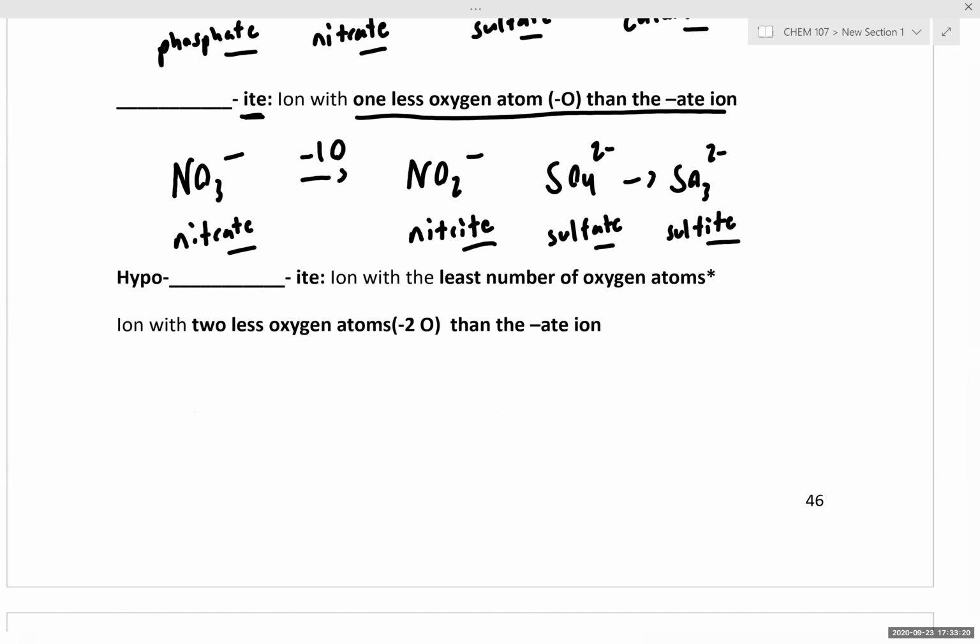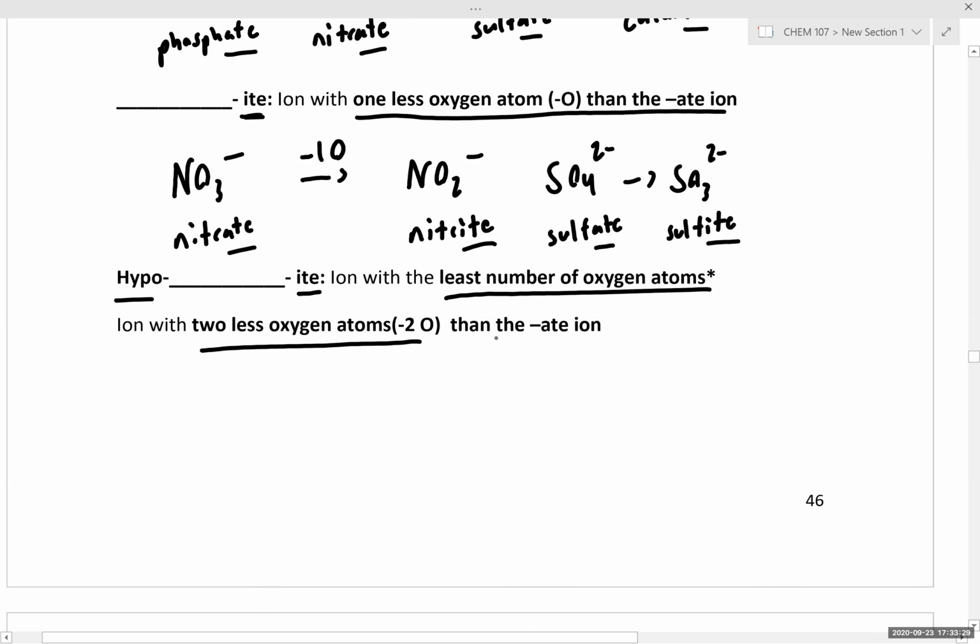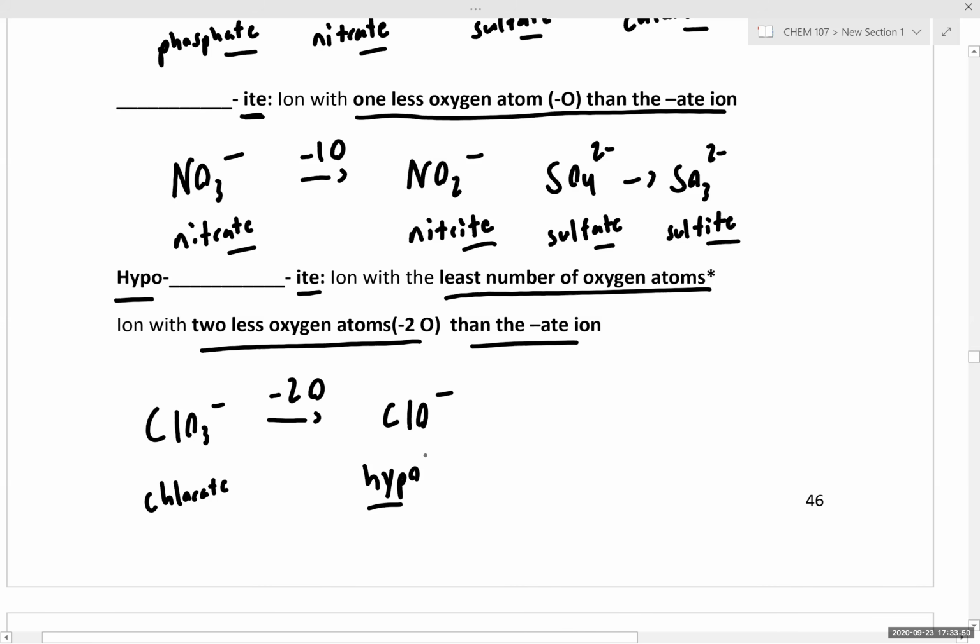The next form that we have to consider is the hypo-ite form. It's the ion with the least number of oxygen atoms, or the ion with 2 fewer oxygen atoms than the ate form. So for example, ClO3- is known as chlorate; if we lose 2 oxygen atoms, ClO- is known as hypochlorite.